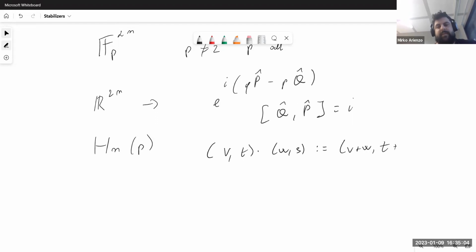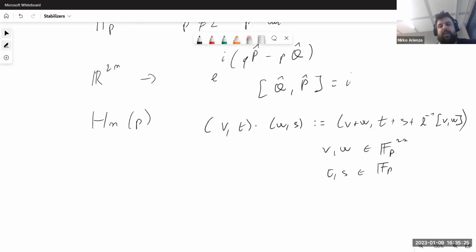The first pair is just the addition, while in the second pair we have an additional term. Here V and W are elements in the discrete phase space, T and S are elements in the base field, and this object here is the symplectic form.